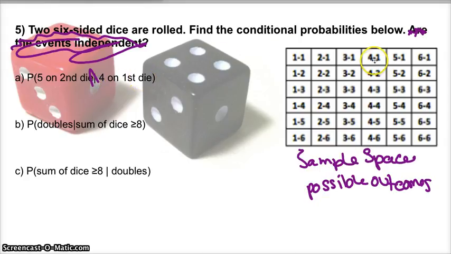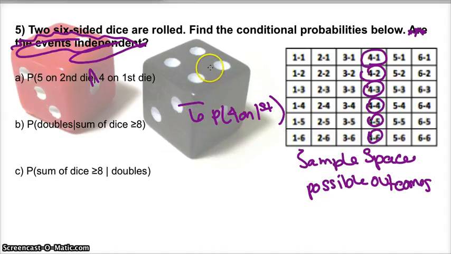Well, how many different times can you roll a 4 on the first? This one, this one, this one, this one, this one, and this one. So there are a total of 6 ways that you can roll a 4 on the first die. Now what I want to know is the probability of rolling a 5 on the second and that 4 on the first.